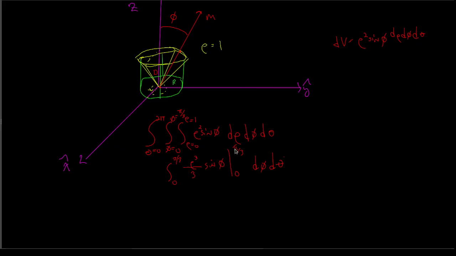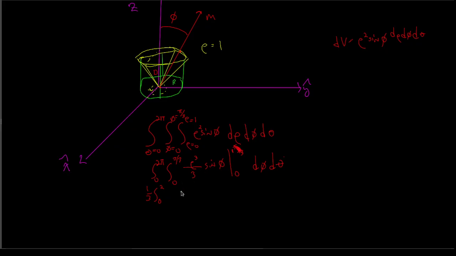Whoops, that's not 0 to pi over 3 here, that's 0 to 1. So that's going to give 1/3 sine phi. So I'll bring that 1/3 out front. And then we have sine phi.